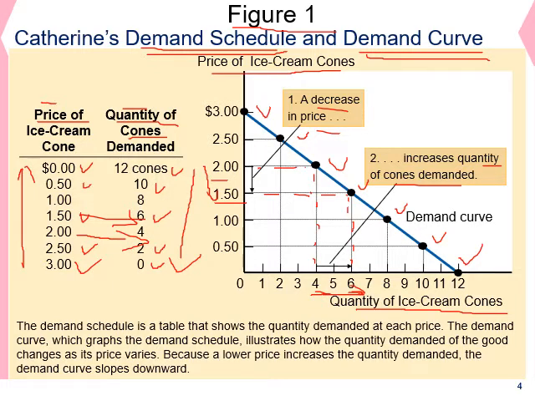So you can see that the demand curve is downward sloping, or negatively sloped, because a lower price increases the quantity demanded. This negative slope of the demand curve is due to the law of demand.